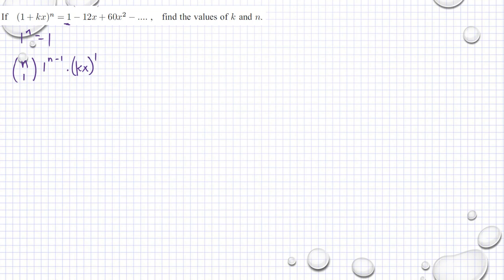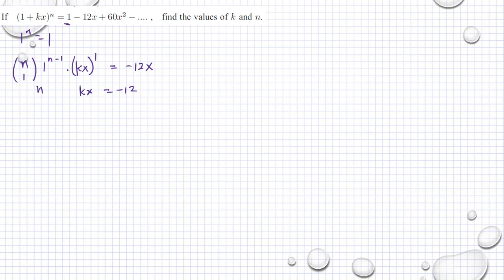And that's supposedly equal to negative 12x. So n taken 1, we're not that interested in right now. We are more interested in kx is equal to negative 12. Oh, sorry, x.